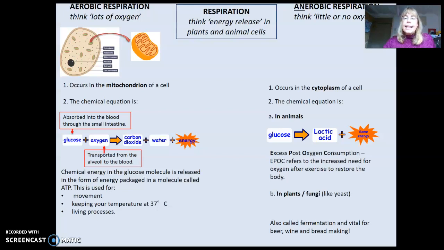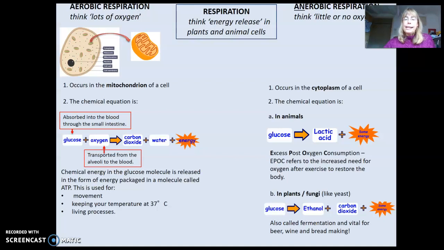Now in plants, we also get anaerobic respiration, but this time we can call it fermentation as well. And rather than getting lactic acid, we get ethanol, which is a type of alcohol. Now that's great if you want to have some wine or beer. Fermentation is vital for that process, catalyzed by adding a little bit of yeast.